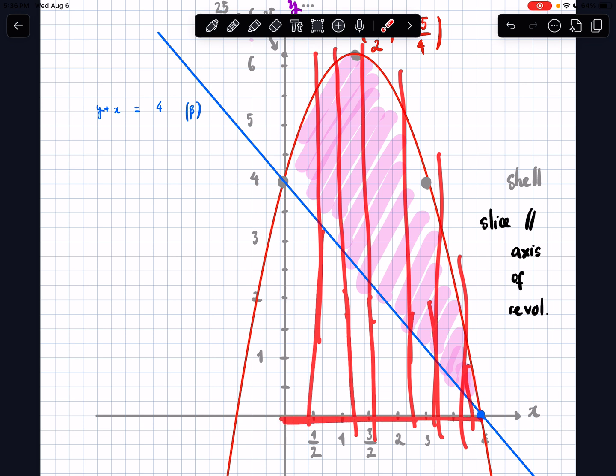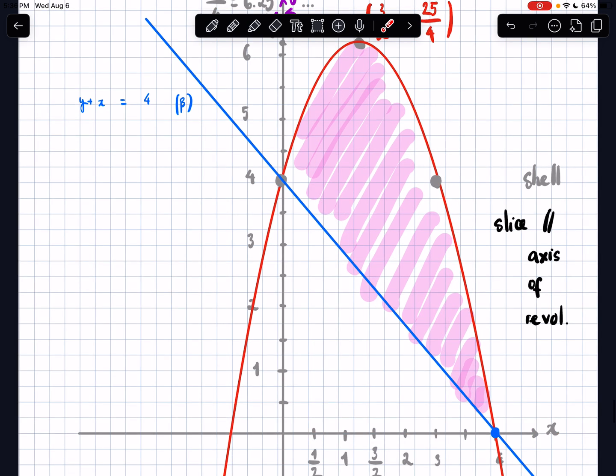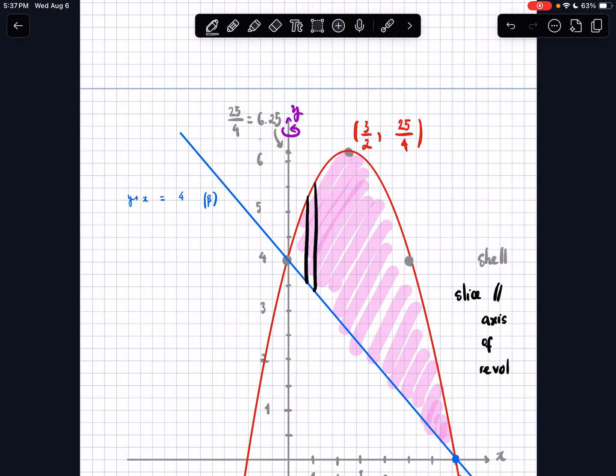So this segment is on the x-axis. We have the width, here's delta x. When delta x tends to 0, we have dx. Say we have a thin strip like this, with width delta x.